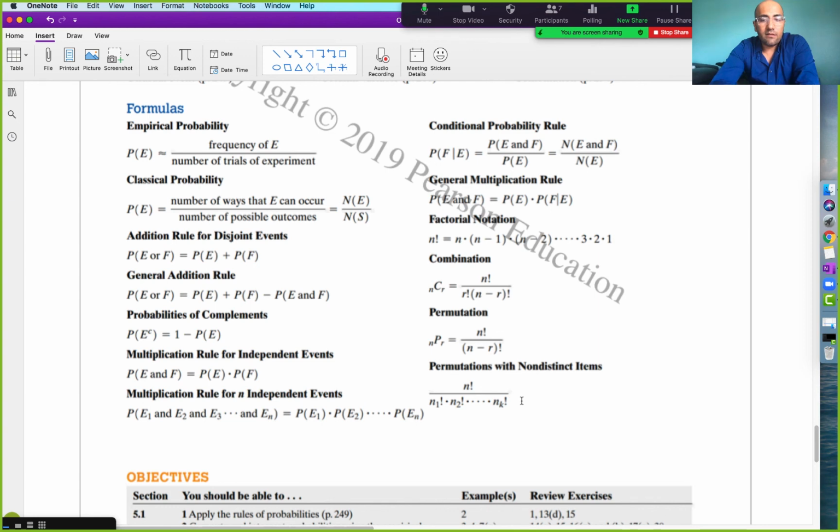And finally, we had a weird little formula for permutations with non-distinct items, right? So how many ways are there to completely line up a set of values when some of them are identical, right? So this was like the example I had with markers. You know, we have like 12 markers, but 4 of them are yellow, 3 of them are orange, 2 of them are green. So some of them are identical. So as I decide different ways to line them up, sometimes you can detect that something has happened, right, based on the colors.